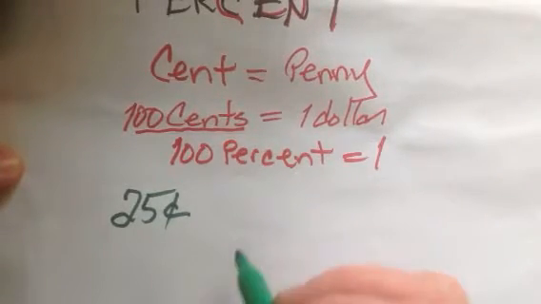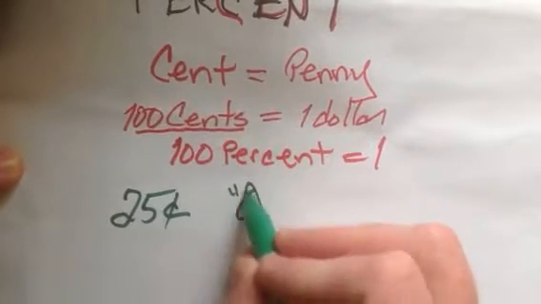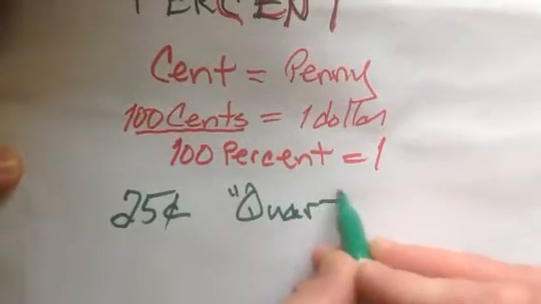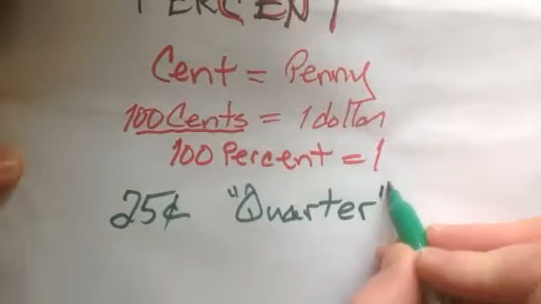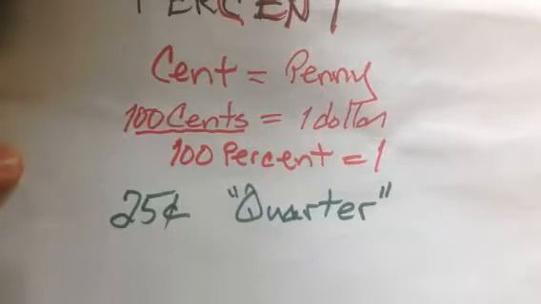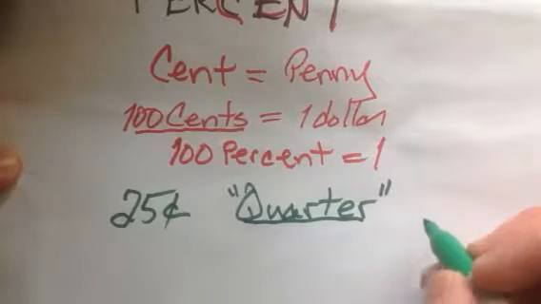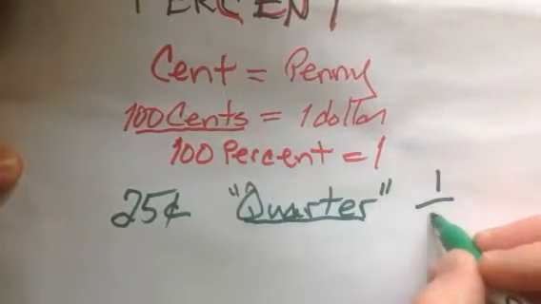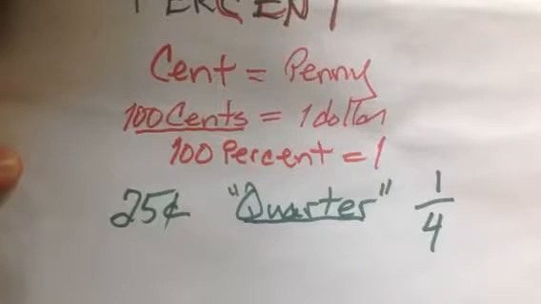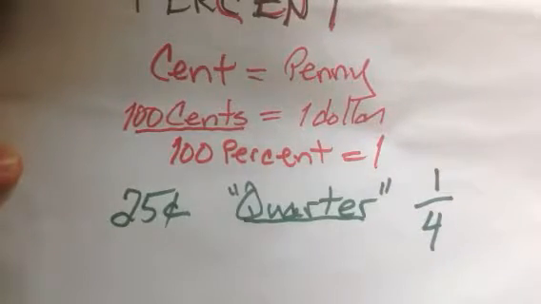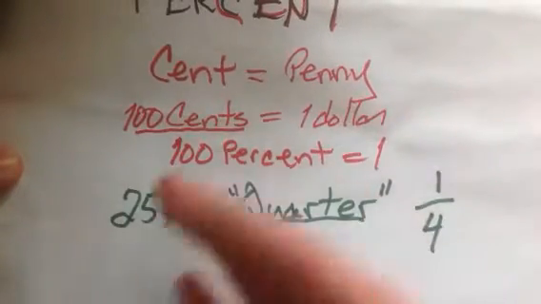Well, yeah, it's called a quarter, right? And maybe you never stop to think about this, but the reason it's called a quarter is because it is 1/4 of a dollar, right? So if you take 4 quarters together, you get $1. It's just an easy way to look at problems.